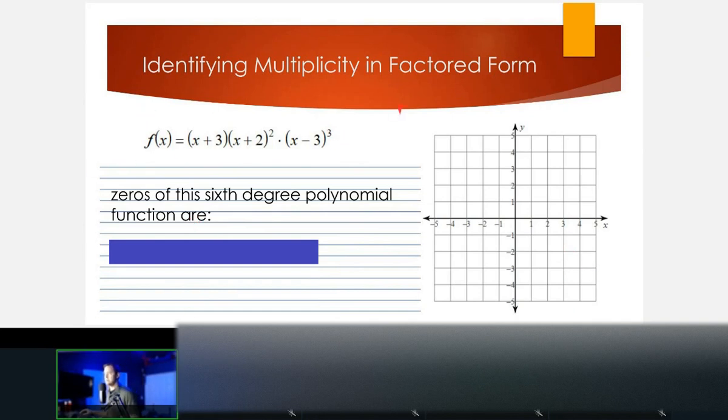Now, also looking at this, can someone determine the end behavior of this without graphing it and without multiplying out? What is the end behavior of that polynomial? It's from last week.